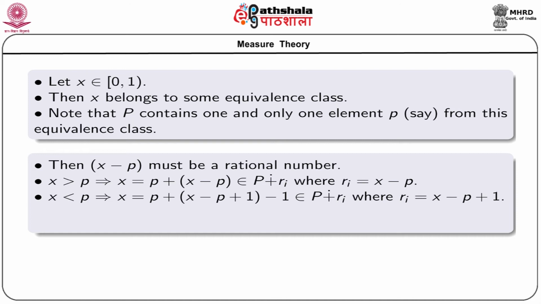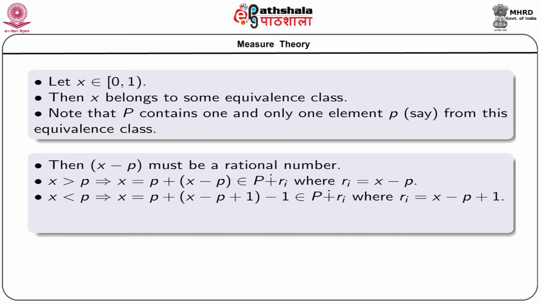If x is less than p, then we can write x in this form: p plus x minus p plus 1 minus 1. See that x minus p plus 1 again is a rational number which belongs to [0, 1).